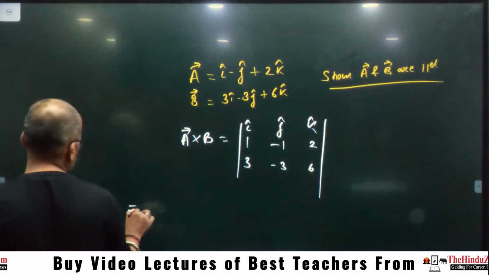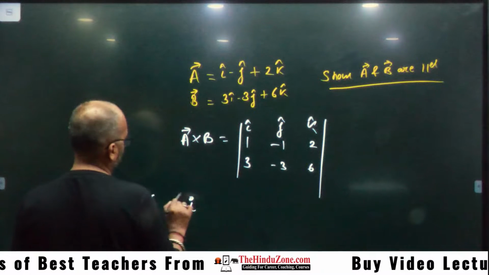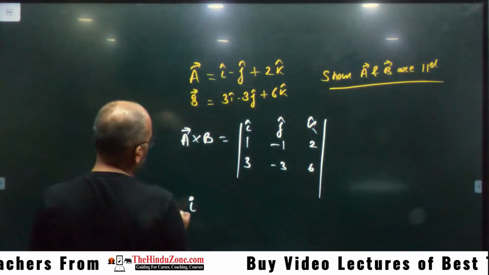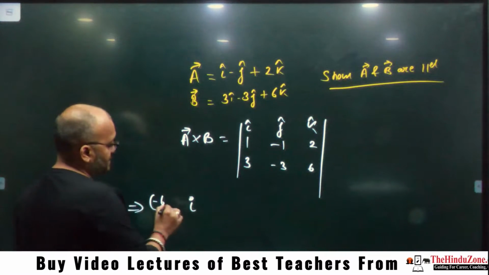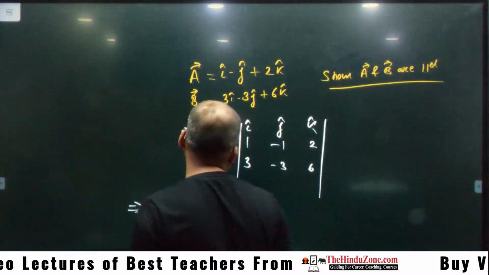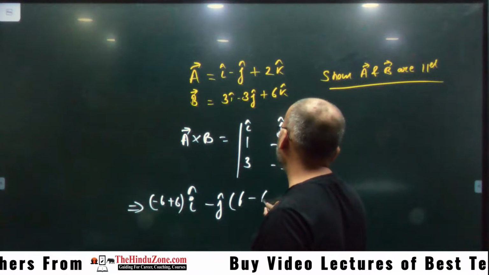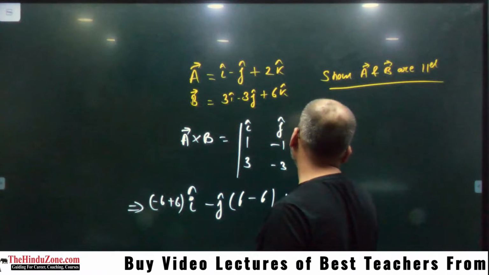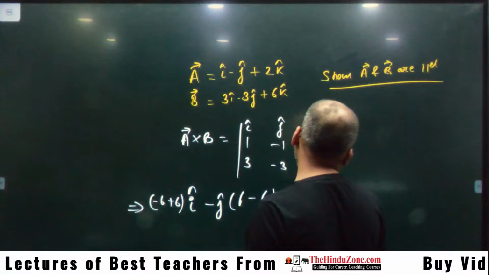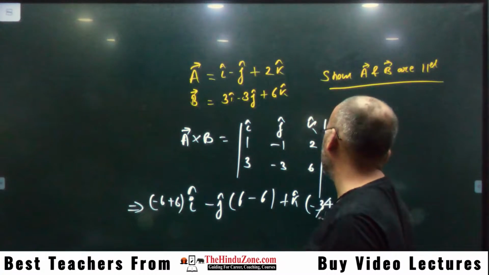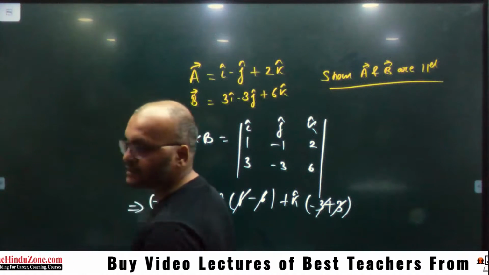Do A cross B. So A cross B is I cap: 6 into minus 1 will be minus 6, minus 3 into 2 will be minus 6, but you have to write it with minus sign so it will become plus 6, minus J cap: add this, 6 ones are 6, 3 twos are 6, 6 minus 6, plus K cap: minus 3 into 1 is minus 3 and minus 3 into minus 1 is minus 3, but you have to write it with minus sign so plus 3, minus 3 plus 3 cancelled, minus 6 plus 6 cancelled, plus 6 minus 6 cancelled, you get a 0.